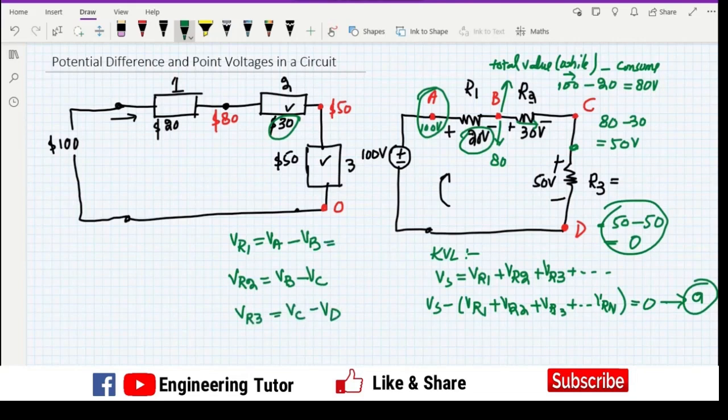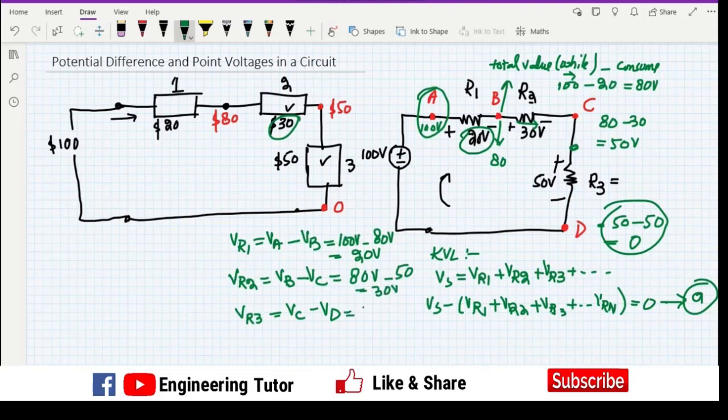By putting values here, we can see very clearly that we can easily find out the value which is consumed when a person was entering a shop and leaving it. This was the potential difference. Similarly here, 80 volts minus the voltage at C, which was 50, so the consumed voltage was 30 volts.